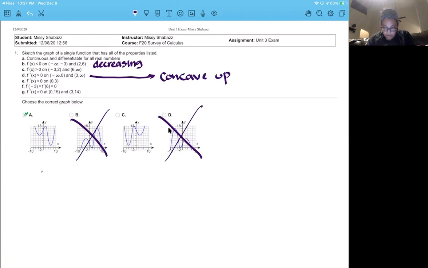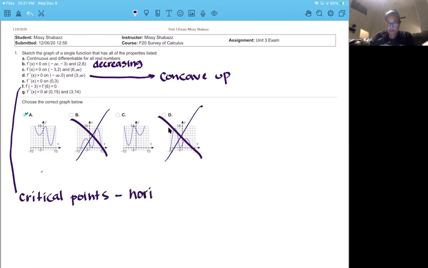Yeah, they both look like they're concave down there. Part F says F of negative 3, F prime of negative 3, and F prime of 6 equals 0. So that means that they have critical points. If they are continuous and differentiable, they must all have horizontal tangent lines there.